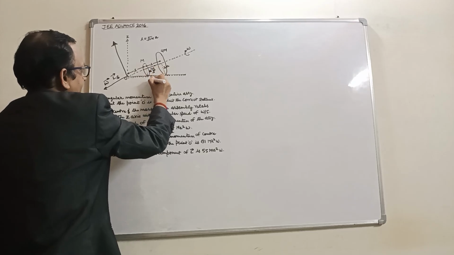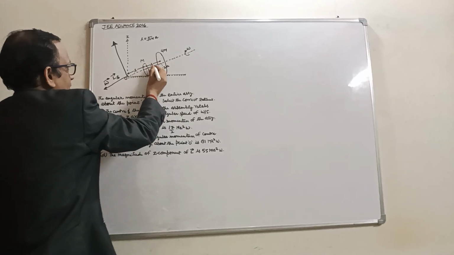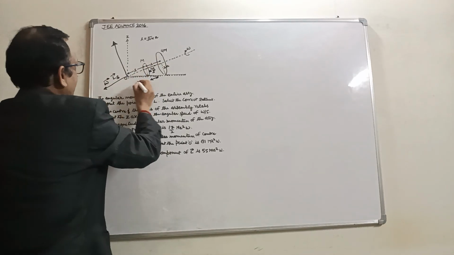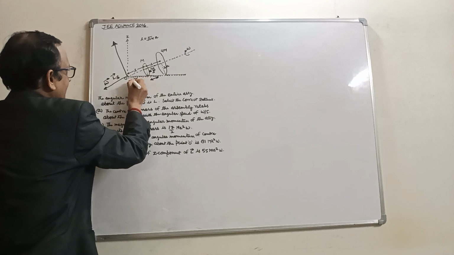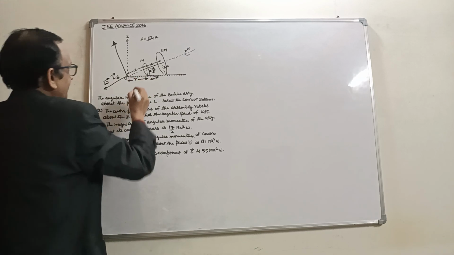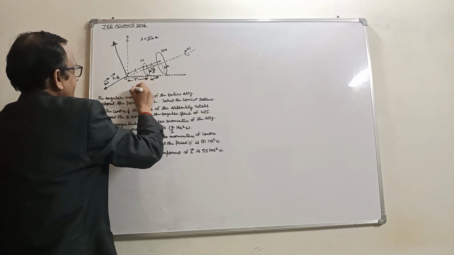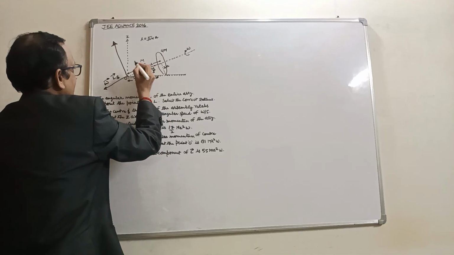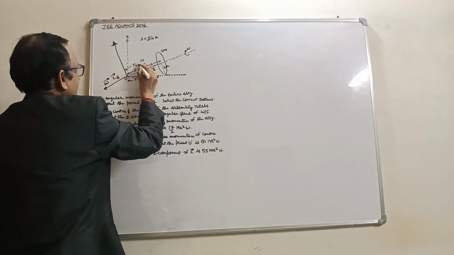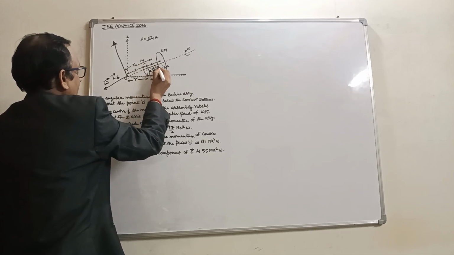This distance would be 4L by 5 from here to here, and suppose this is r. The distance from the center of mass, this would be RC, from here to here, this is the center of mass.